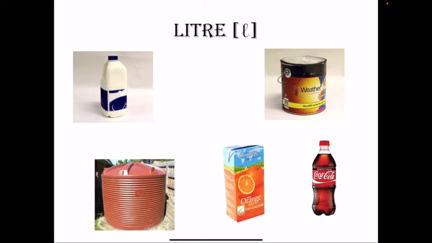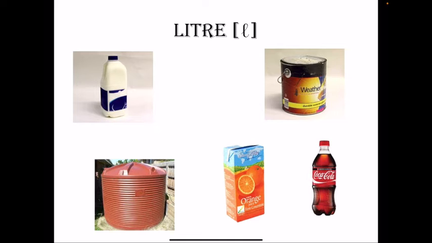Then this orange juice pack, you get cartons of juices. Yes or no? 1 liter carton, real juices and all different types of juices. So they are all of 1 liter. Then this paint, a can of paint. On TV you see so many ads of paints, Asian paints, Nerolac paints. So all these paints, these containers are of 1 liter or more.